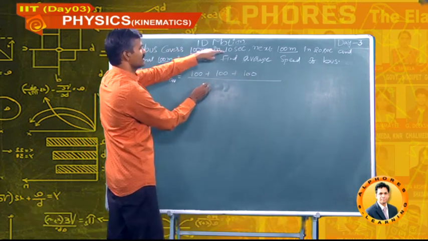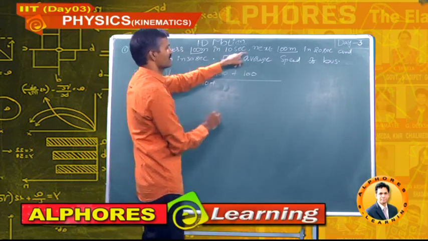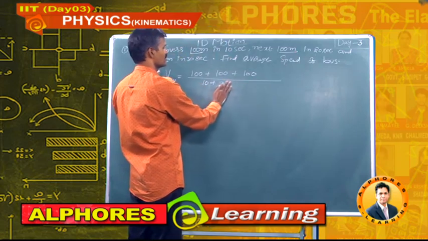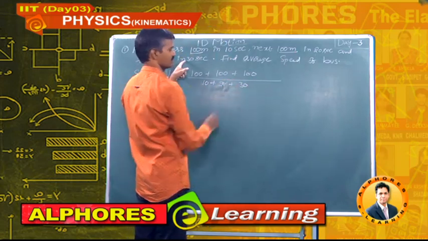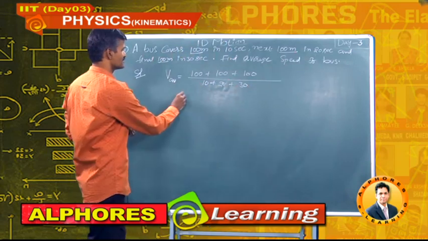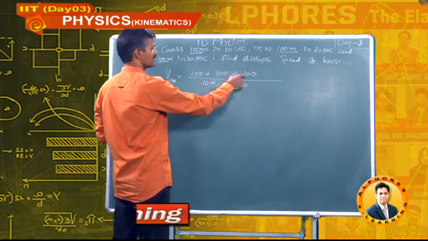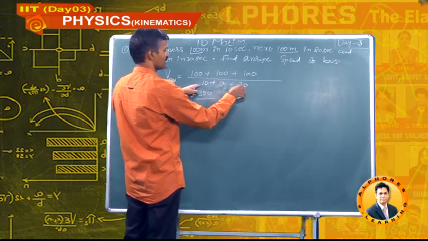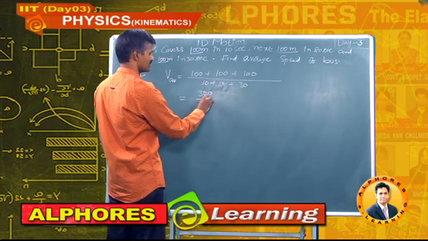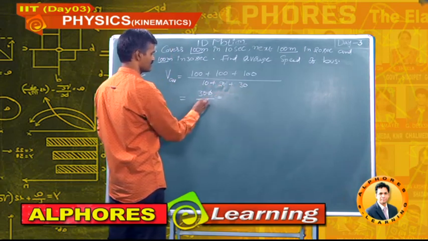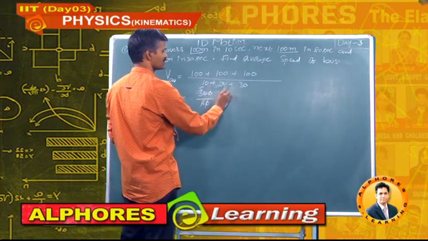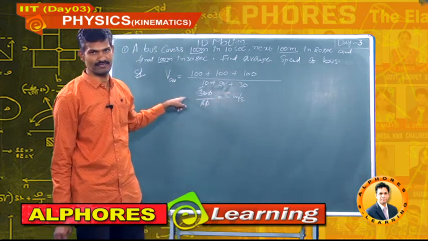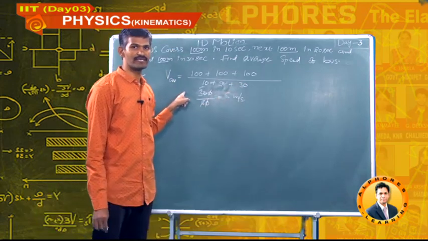Time is, here it takes 10 seconds, for the next 100 meters it takes 20 seconds, and for the last 100 meters it takes 30 seconds, right? So, this average speed is given by 300 by 10 plus 20 plus 30, that is 60. This 0 gets cancelled, 6 1, 6 5. This is 5 meter per second. This is the average speed of the bus.